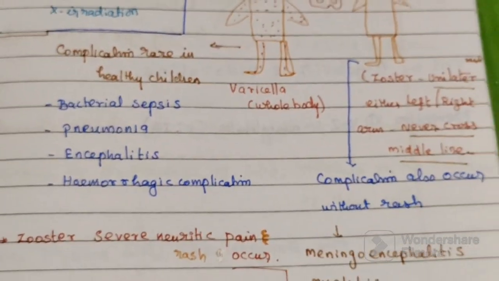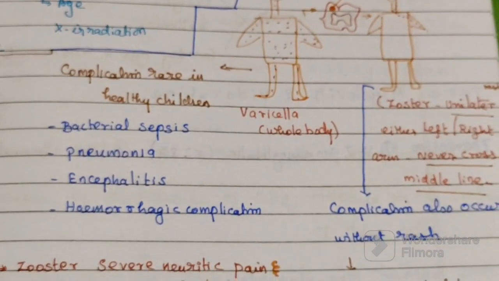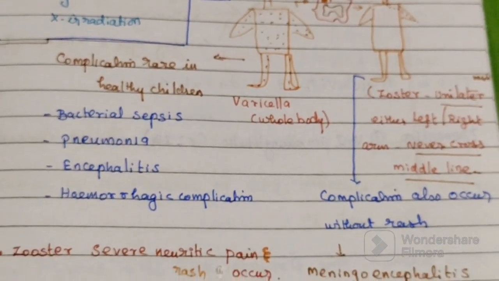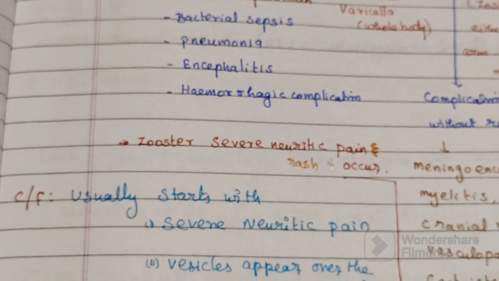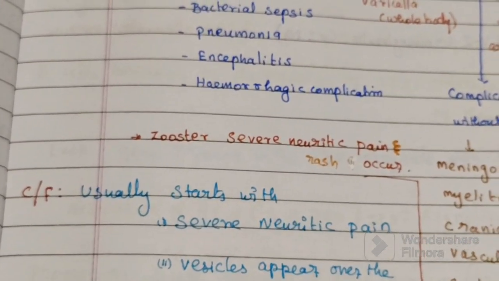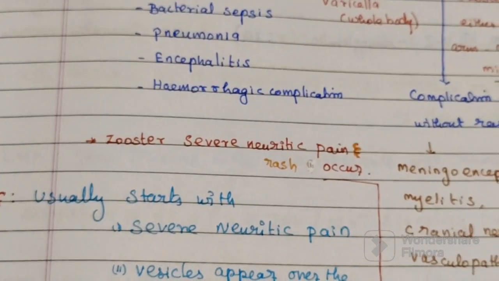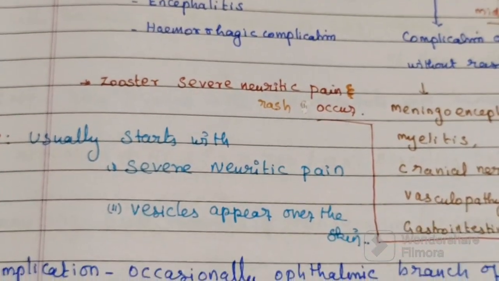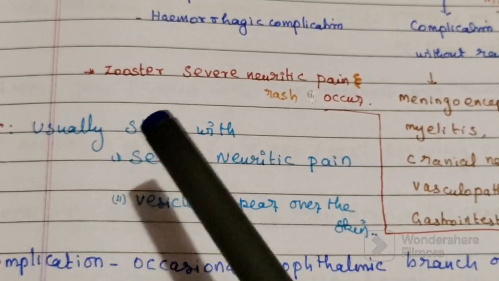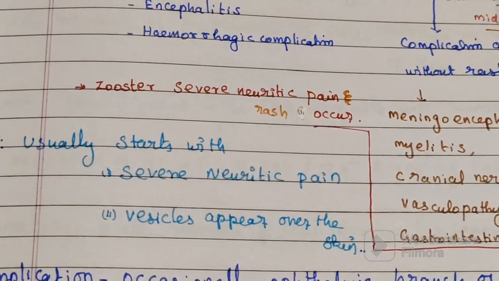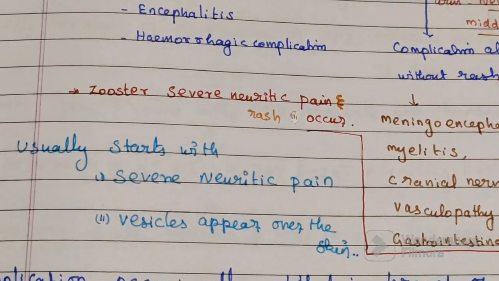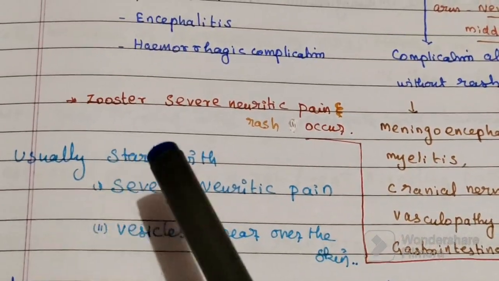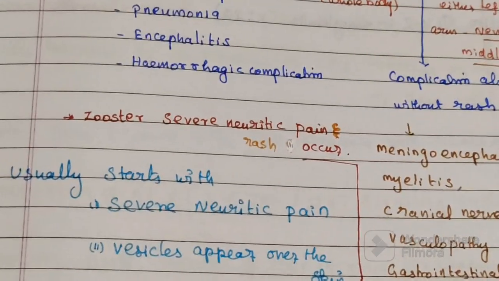Then clinical pictures. Zoster usually starts with severe neuritic pain along with rashes. These are the two important features: neuritic pain along with rashes.